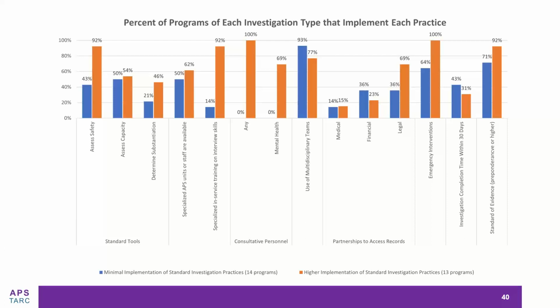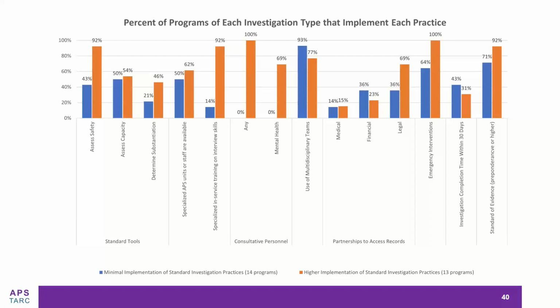So this is for investigations. When you're looking at the orange bars, those are the percent of programs that have implemented a particular type of policy or practice that we consider to be of higher type. The blue bar is the percent that are at the minimal level.